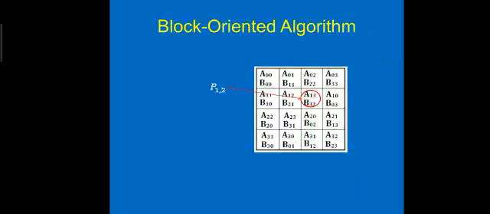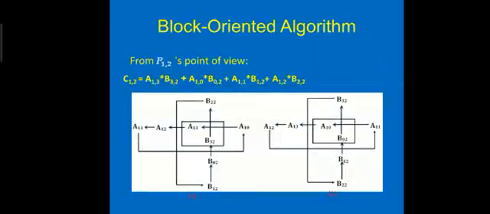So it is represented as A(1,3) and A(3,2). From P(1,2)'s point of view, after doing this left movement and this upward movement, we get C(1,2) equal to A13 × B32 plus A10 × B02 plus A11 × B12 plus A12 × B22.